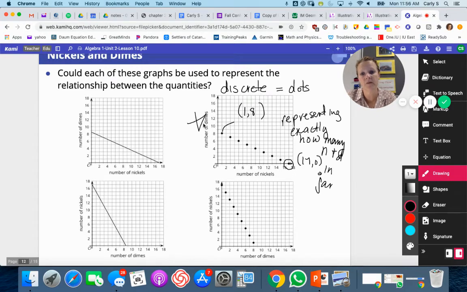Okay, this is a good one. Now what about this one? It's the exact same graph, but it's a straight line. And this works too. It's a shortcut. I can draw a line even though I can't have half a nickel, even though I can't have half a dime. This line represents my data, and I would just say my constraint would be whole numbers only.